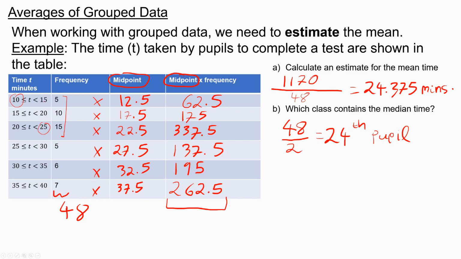But we know that the first 5 are here, the first 15 are here, and the first 30 are somewhere in here. So that means that it's the third row that must contain the 24th value. So we say the class that contains the median time is 20 less than or equal to t less than 25. So essentially, the median class is the class between 20 and 25 minutes, which corresponds quite nicely with our mean.